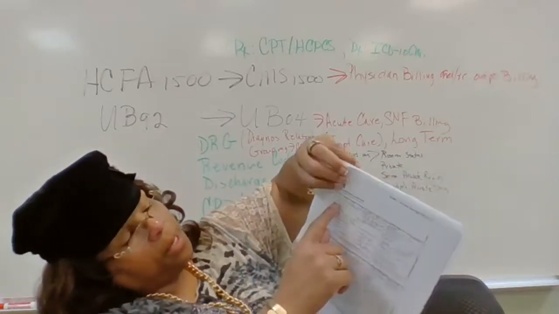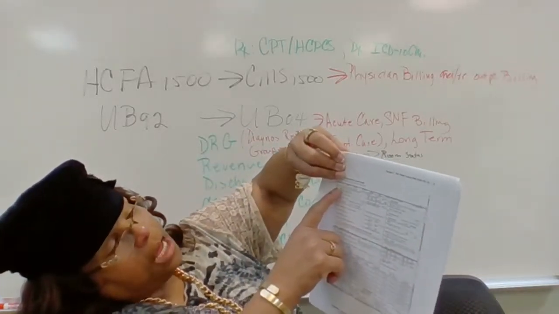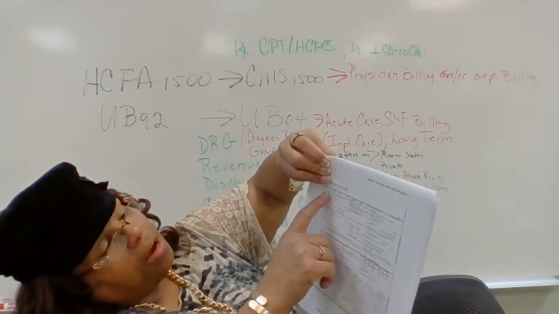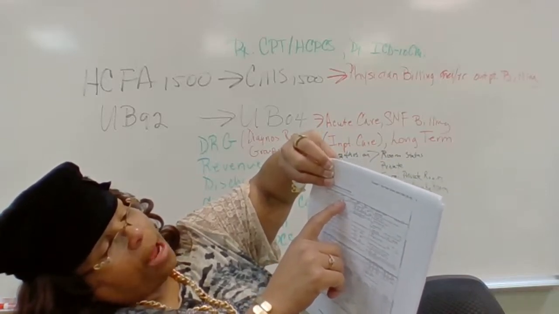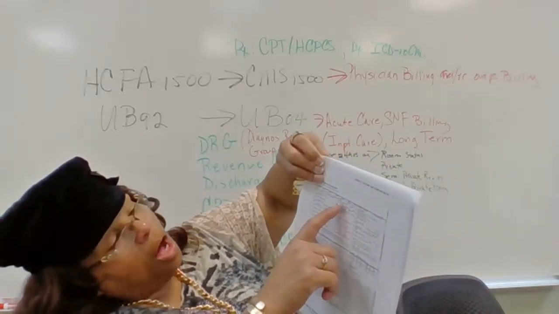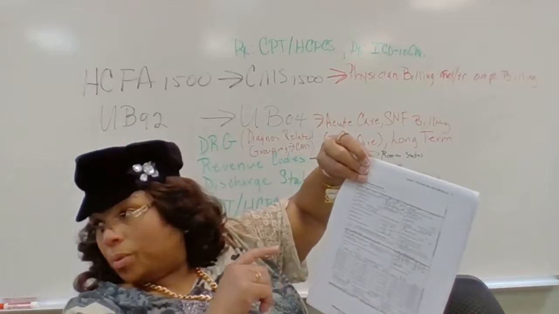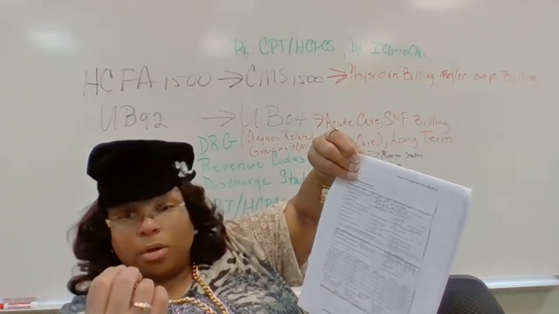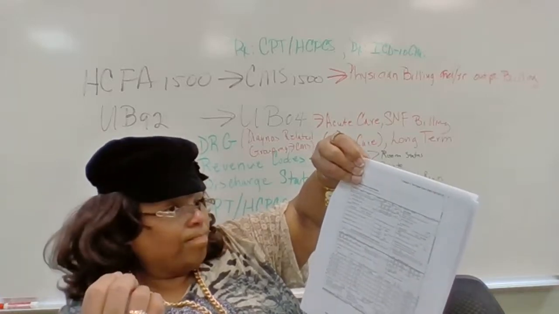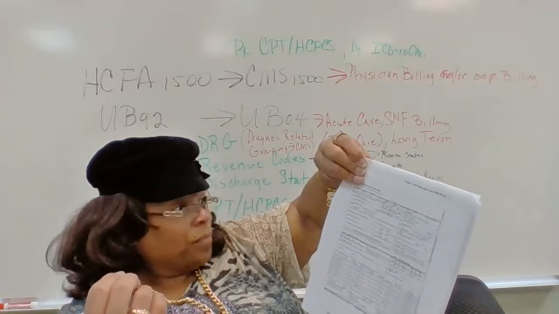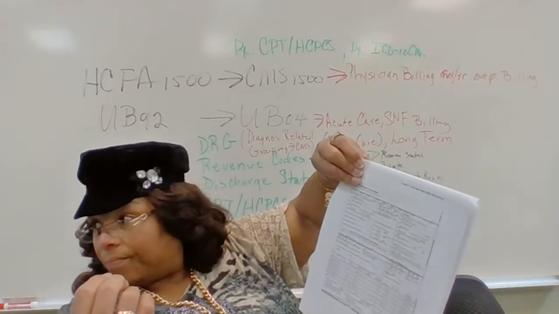Box 1 up here is where you check off whether the patient has Medicare, Medicaid, TRICARE, CHAMPVA, that's for the military people, or group insurance, which is your commercial insurance. Somebody name me an example of a commercial insurance. Cigna, what else? Aetna, what else?